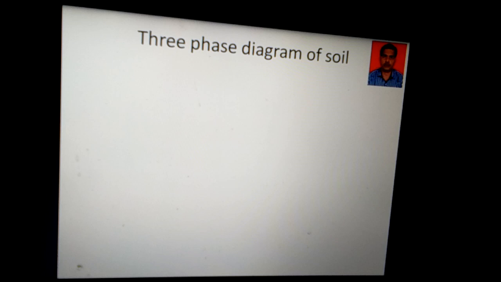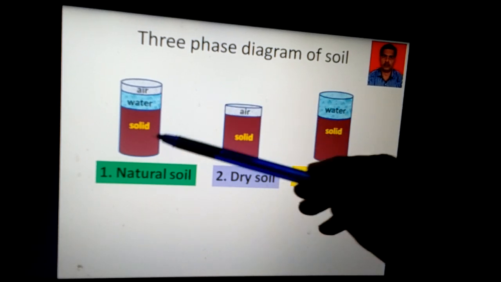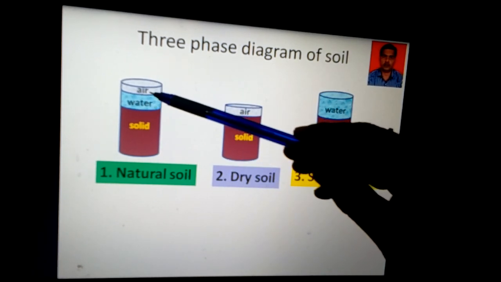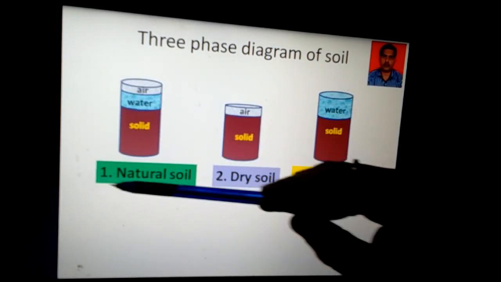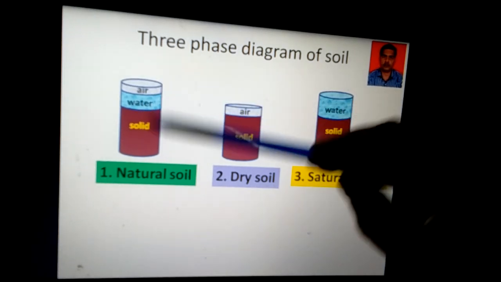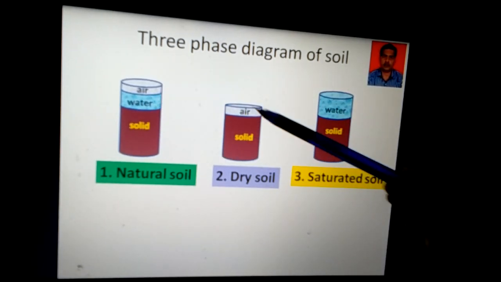Now as such the soil remains in its natural state. You can see here, if a soil has solid particles, water molecules and air, this is most popularly known as natural soil. But if this type of soil is heated and the water is evaporated, then it comes into this phase, that is the solid and air only.